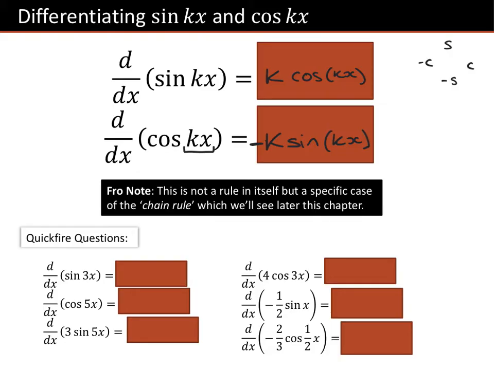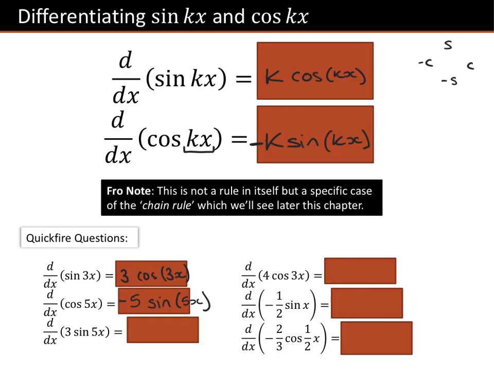So if we have a look at some of the quick fire questions, we should be fairly confident we've been able to do these in our head. So, differential of sine 3x, okay? Everyone should be happy. We should have 3 cos of 3x. The differential of cos of 5x, we should have minus 5 sine 5x.